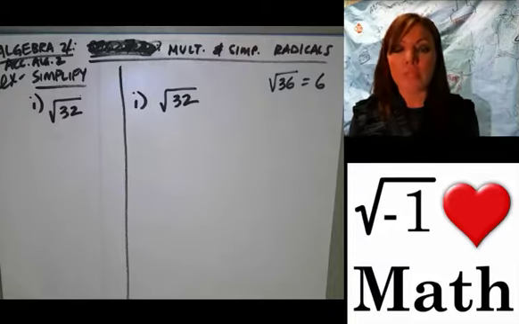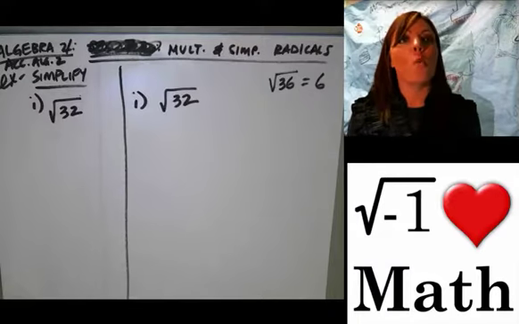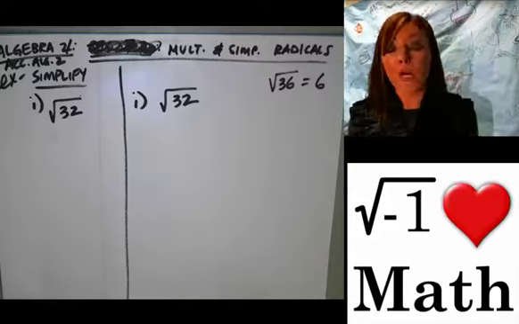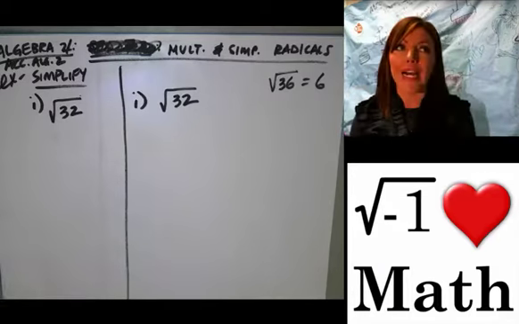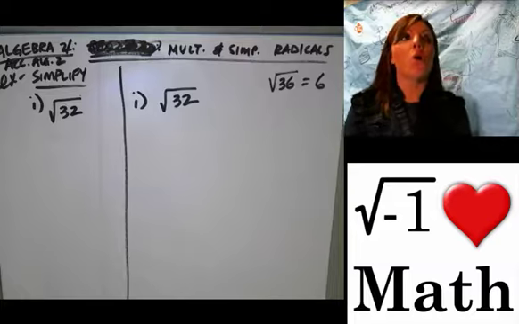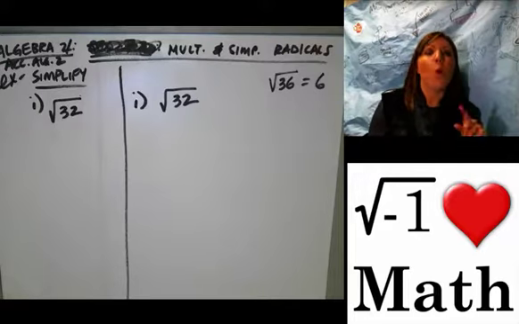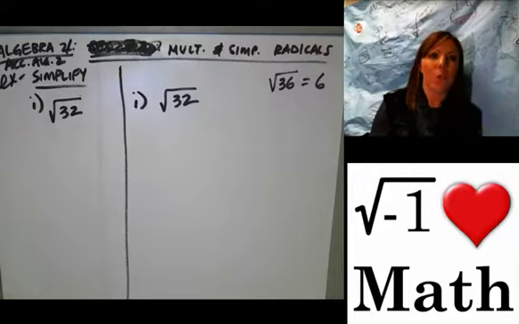The goal with simplifying radicals is that you want to get all of the perfect squares out of the square root sign, okay? So what does that mean exactly? Can anybody think of two numbers that you can multiply together to get 32, one of which is also a perfect square?